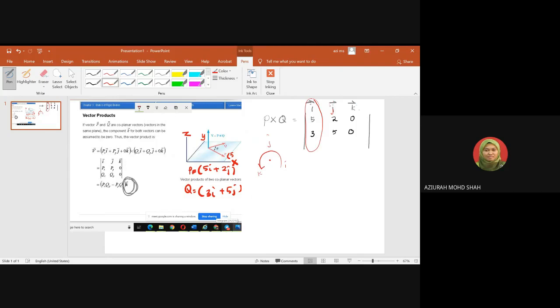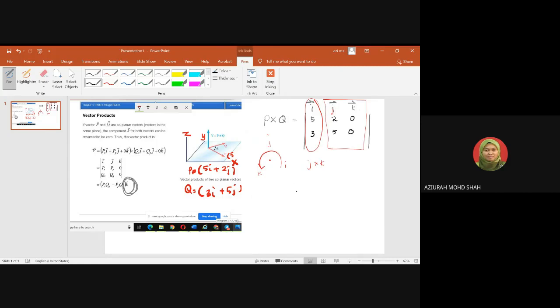Jadi, J cross K akan dapat apa? J cross K akan dapat positif I. Bermaksud untuk dapatkan positif I, kita kena crosskan dua ni, J cross dengan K.